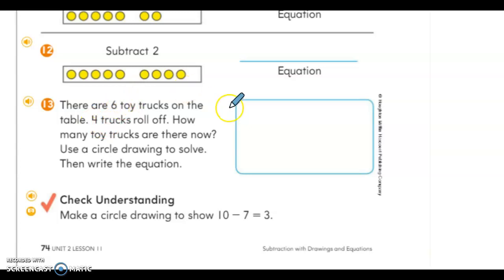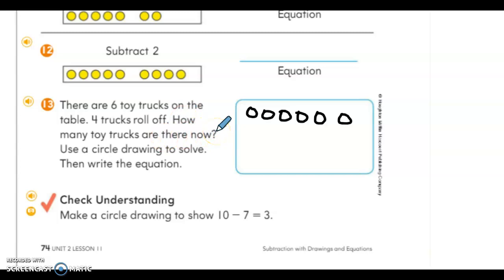So 6 is what we started with, so we're going to start off making our 6 circles. 1, 2, 3, 4, 5, and 6. Please draw 6 circles. Now, the trucks are rolling off the table. They're going down underneath the table.